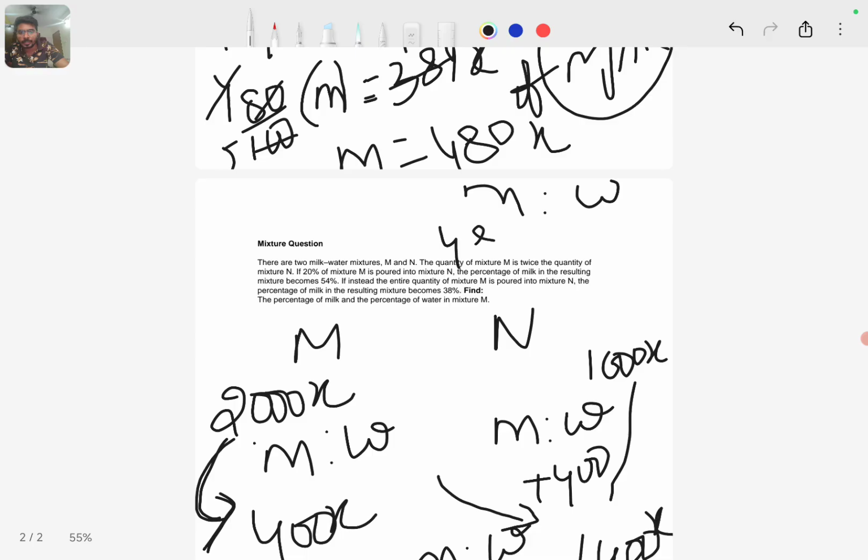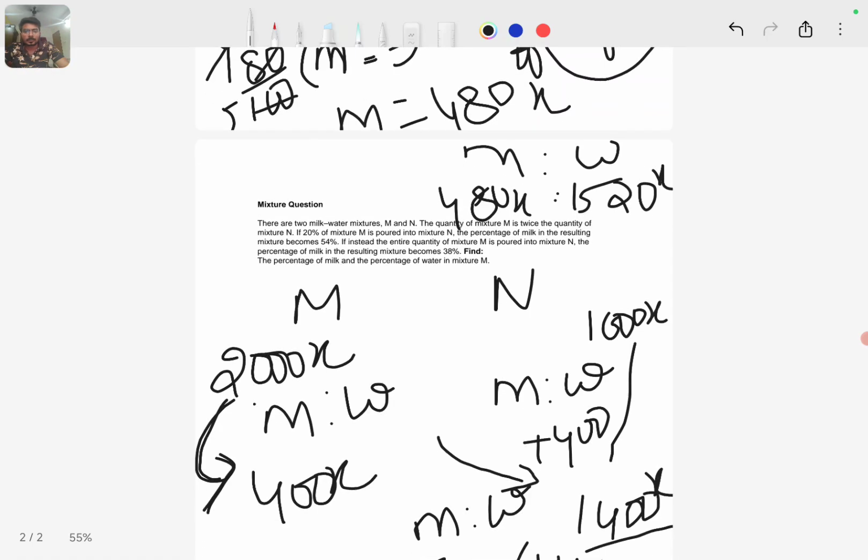Milk we have 480x, at 20 means 15, so 1520. So milk is this much, water is this much. Whatever the question asks, I will just finish it. So the percentage of milk and percentage of water in the mixture.